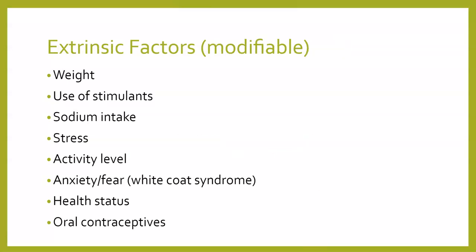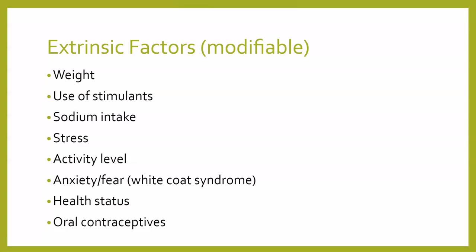Extrinsic factors are modifiable, so these are things that someone can change in order to help decrease their risk for high blood pressure or help lower their blood pressure if they've already had issues with hypertension.